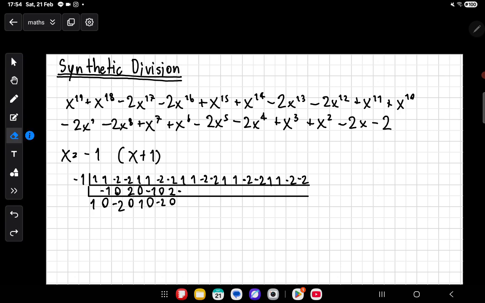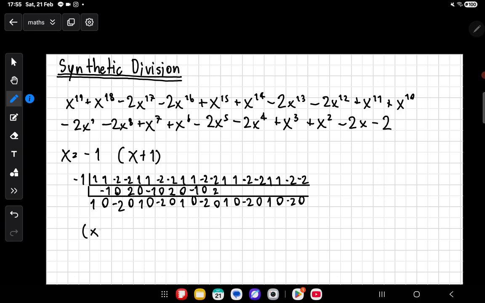Wait, sorry, that was wrong. This is supposed to be 0. Then 1. Then minus 1. Then 0. Then 0. Then minus 2. Then 2. And 0. And then so on. So now we have our pattern.